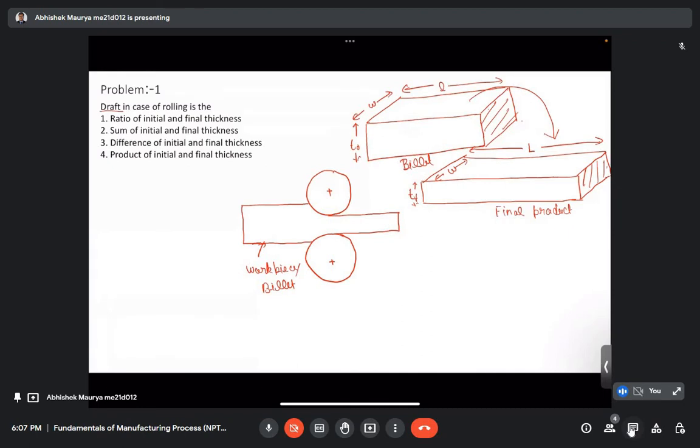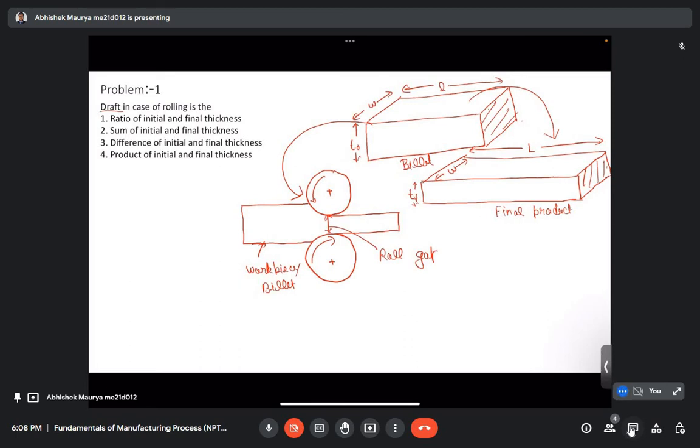We will try to pass this billet in between two rollers. Basically they will be rotating in such a way that the billet passes in between them, and there is a gap. This is called the roll gap. We give the roll gap in such a way that the final thickness will be equal to this roll gap.